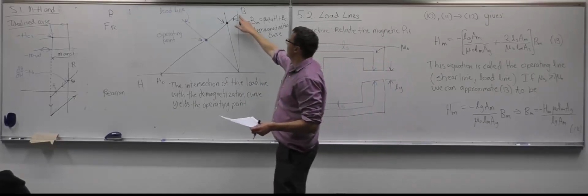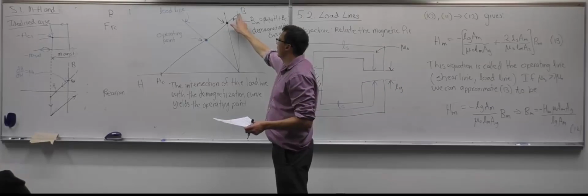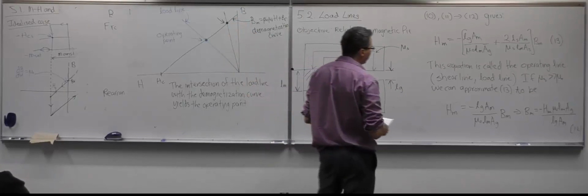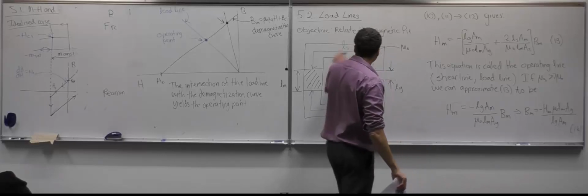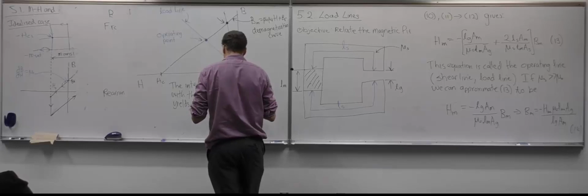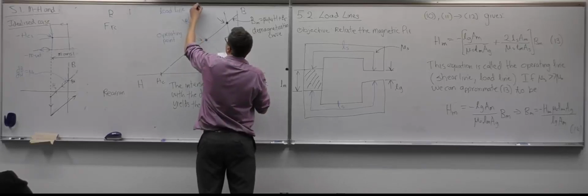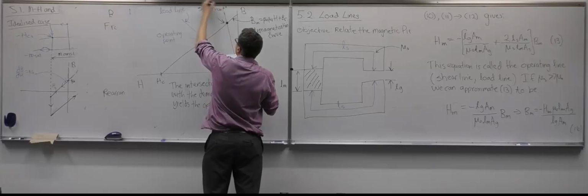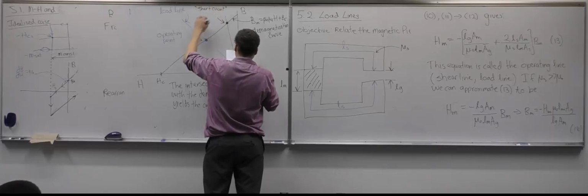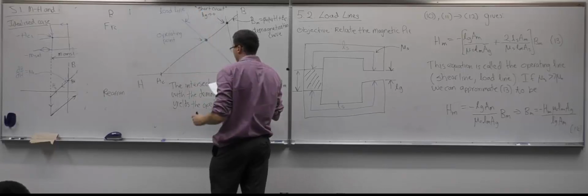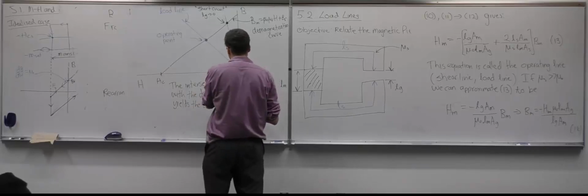We're not going to be at the complete top. There's still going to be some drop because of the reluctance in the steel, but we'd be pretty high up there. So this could be considered the short circuit. Again, it's a magnetic circuit, so a short circuit. So the Lg goes to 0.